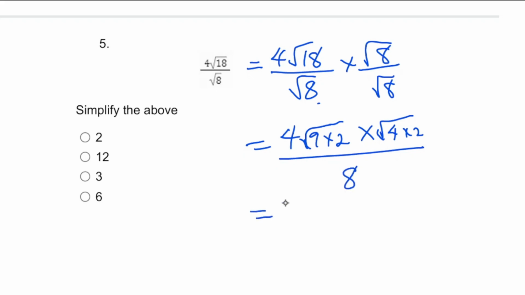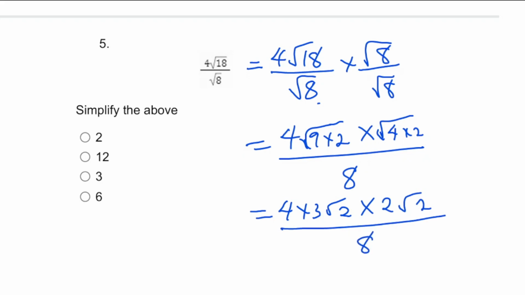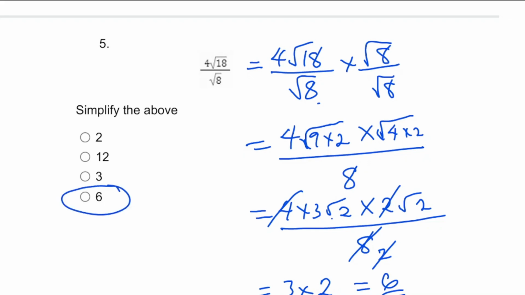So this will then give us 4 times 3 root 2 times 2 root 2, all over 8. We can simplify this: 4 cancels 4, 2 cancels 2. What we have left is 3 times root 2 times root 2, which is 2. So the answer is 6. I hope this is very clear.